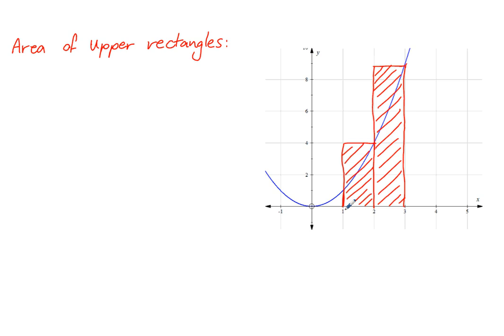The area of a rectangle is base times height, so the base here is still 1 unit, and the height of this first rectangle is f of 2. The area of the second rectangle is base times the height, and the height of this second rectangle here is f of 3.